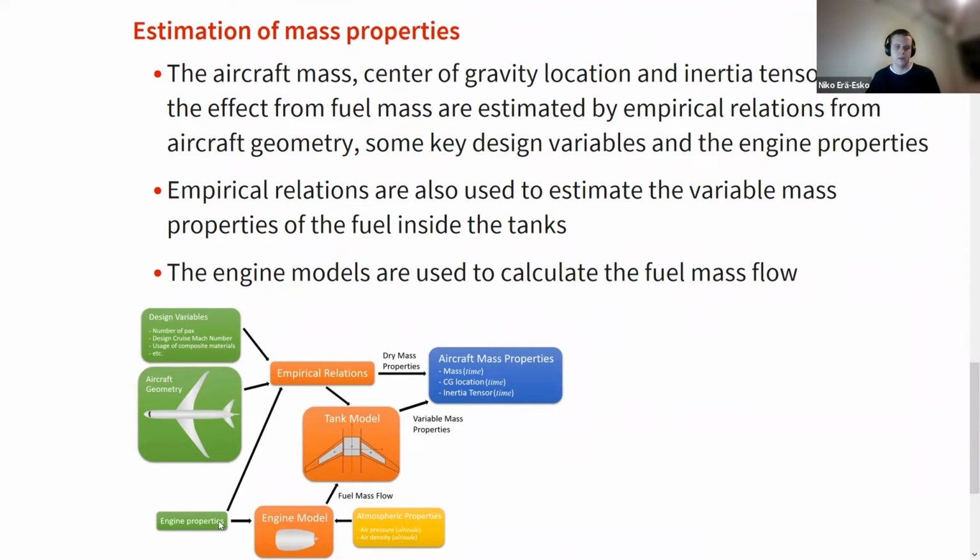And then some properties of the engines. And with all those, we derive the so-called dry mass properties that are the mass, center of gravity location and moments of inertia, such that we consider the tanks to be empty. So those properties are constant over time.